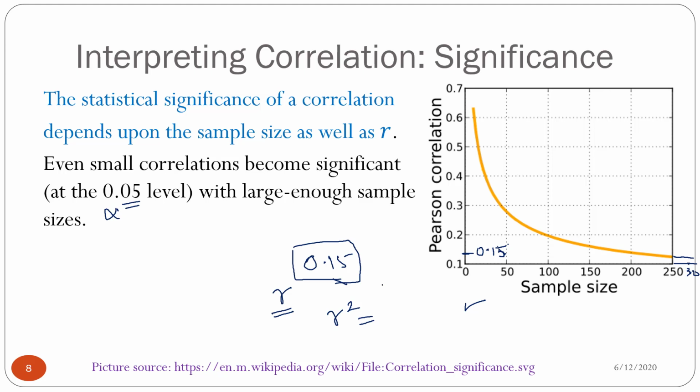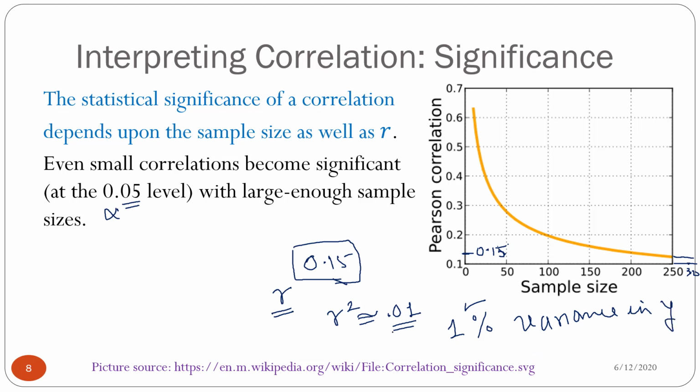And when R square is very close to 0.01, that means it is only explaining 1% of the variation or variance in Y. Alright, which is not good.